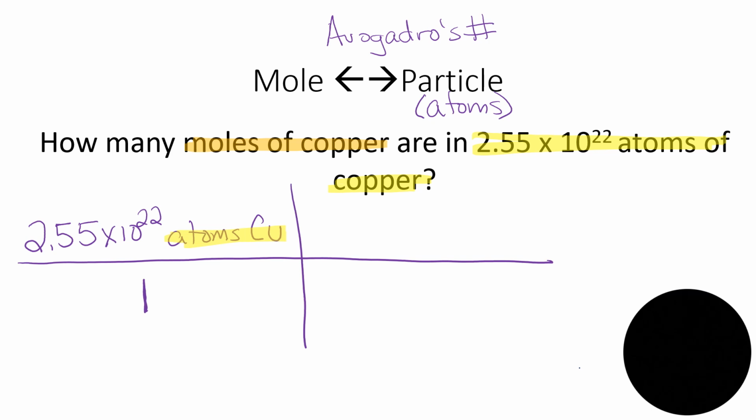The units that I'm given in my problem, I'm going to drop down to the bottom of my first conversion factor. And then the units I'm looking for, moles of copper, will go at the top.